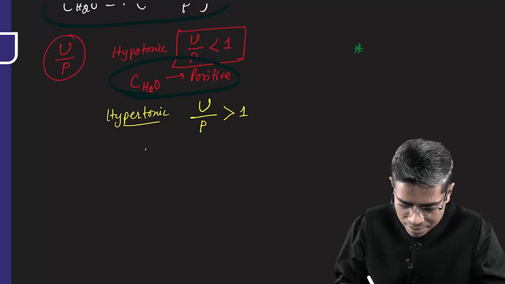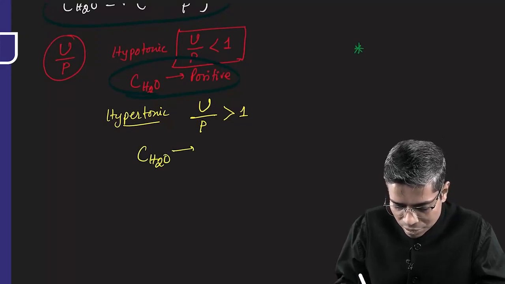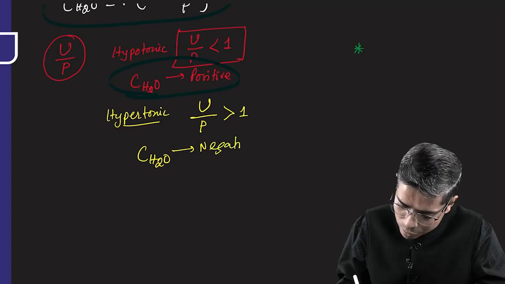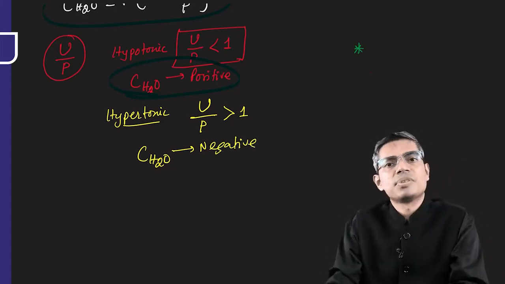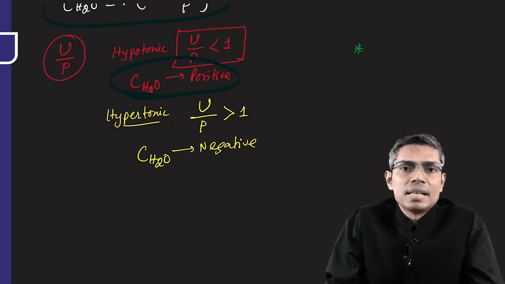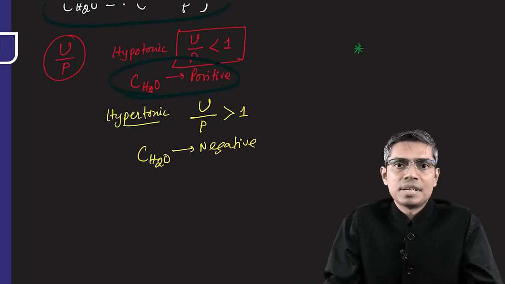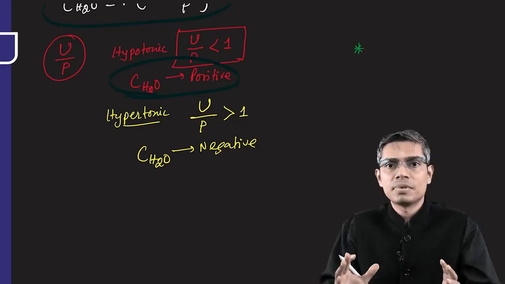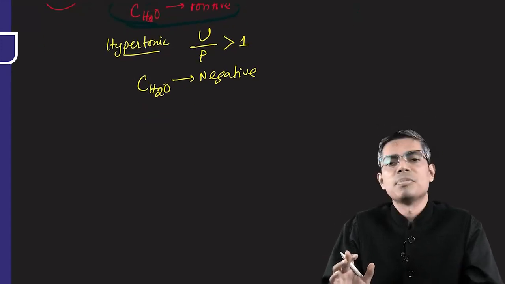So in these cases, the CH2O will be negative. This way also, you can remember the concept of free water clearance, that it is V minus UV by P. So this is the concept of free water clearance that you have to remember.